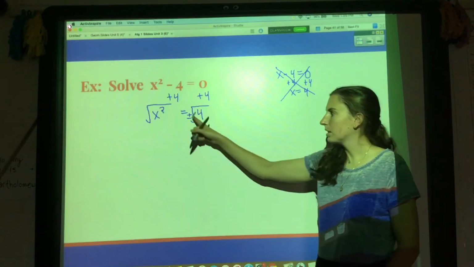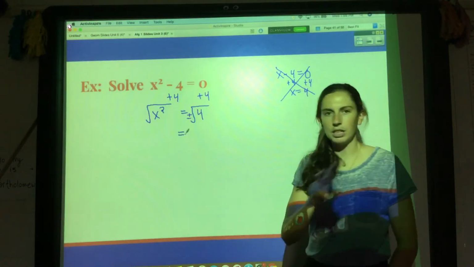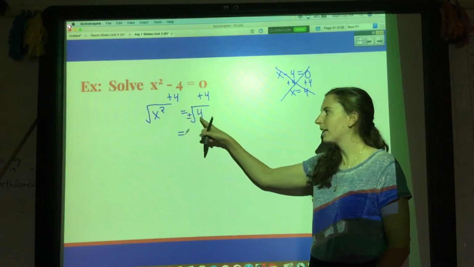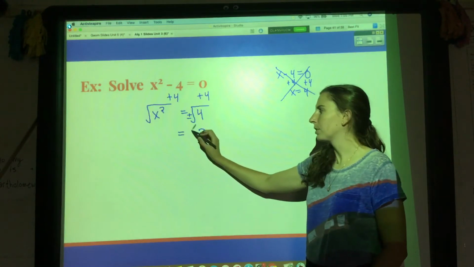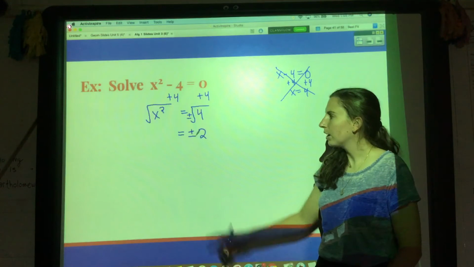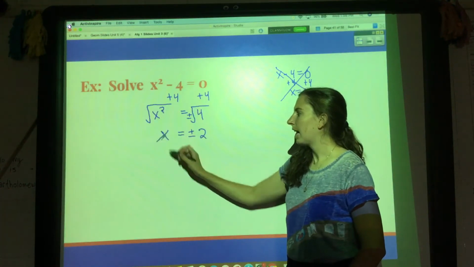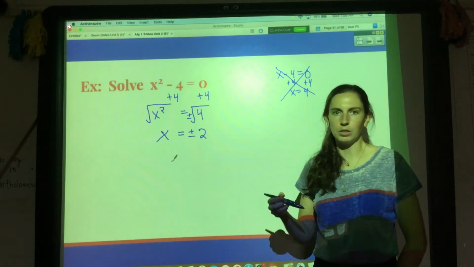So I'm going to put this little plus minus here, which says this actually represents two numbers, the positive square root of 4 and the negative square root of 4. Square root of 4 is 2, so this represents positive 2 and negative 2. And now I have x by itself. The square root and squared cancel, and I have x equals positive 2 and x equals negative 2.